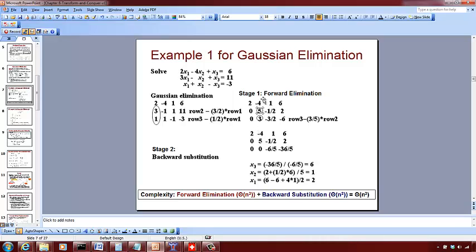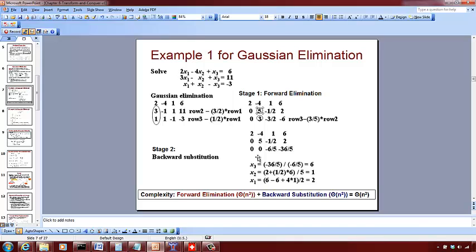We want to use this 5, because if you use this one you may get back some numbers. We want these two to remain as 0. So we use this one to make this thing 0. Now we're using row 2 to make row 3 zero.